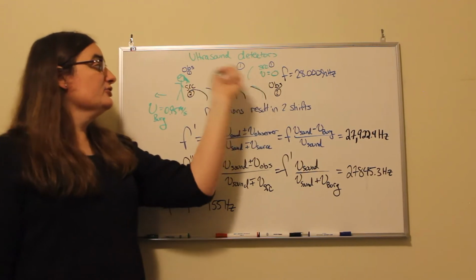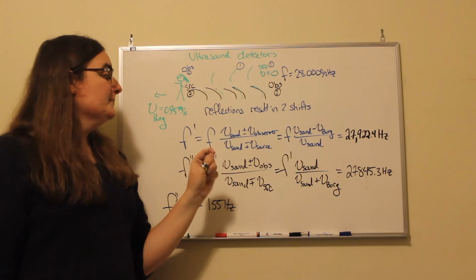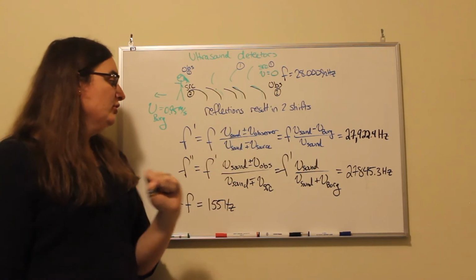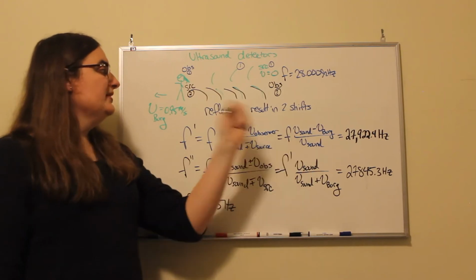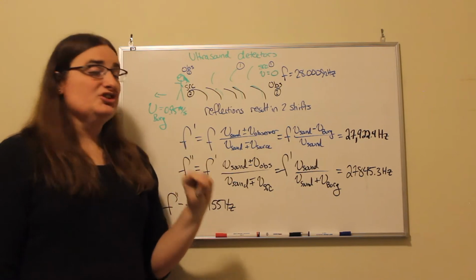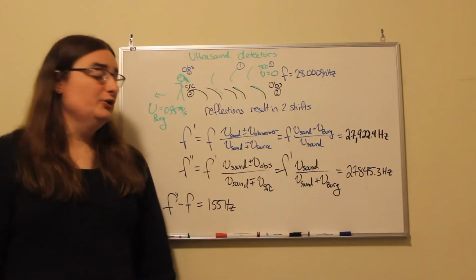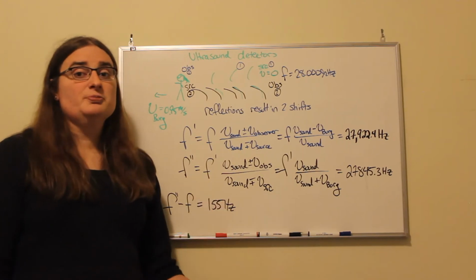So, in the first instance, our source is stationary and our observer is moving. But since the burglar's moving away from the source, I'd use the bottom sign in my numerator, so the frequency that the burglar would detect would be the original frequency broadcast by that alarm times the speed of sound minus the speed of the burglar, where the speed of sound in air is 343 meters per second.